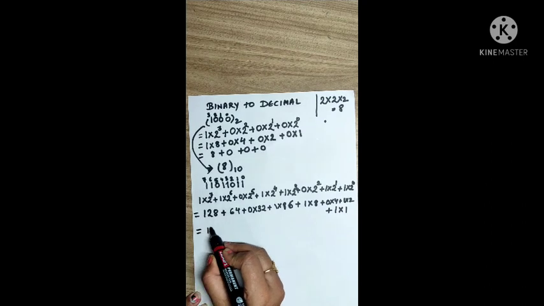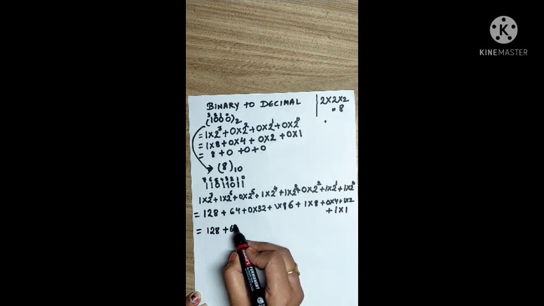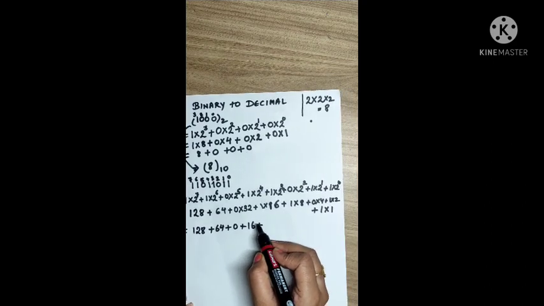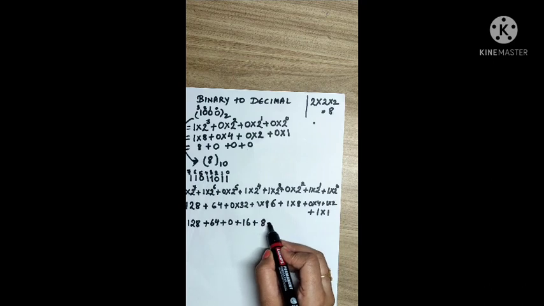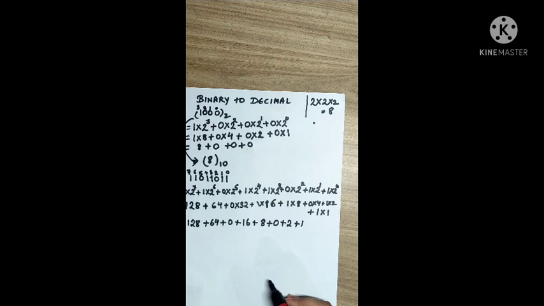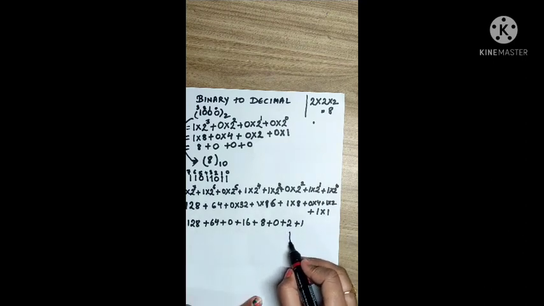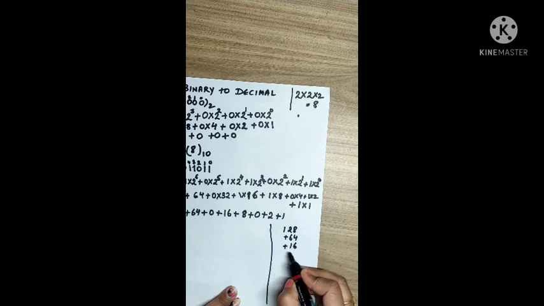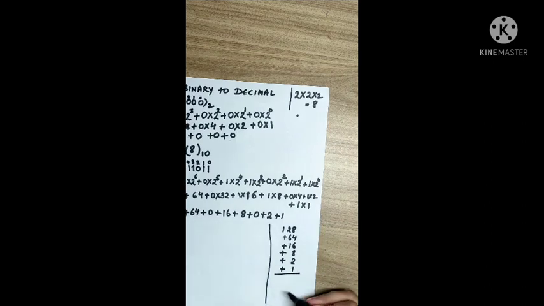Now we have 128 plus 64 plus 0 plus 16 plus 8 plus 0 plus 2 plus 1. So we have to add all these numbers together. I'm just doing it roughly for you: 128 plus 64 plus 16 plus 8 plus 2 plus 1. Add all these numbers together.